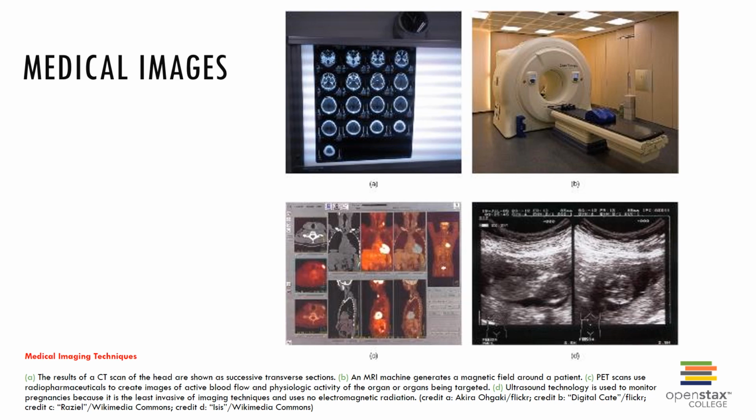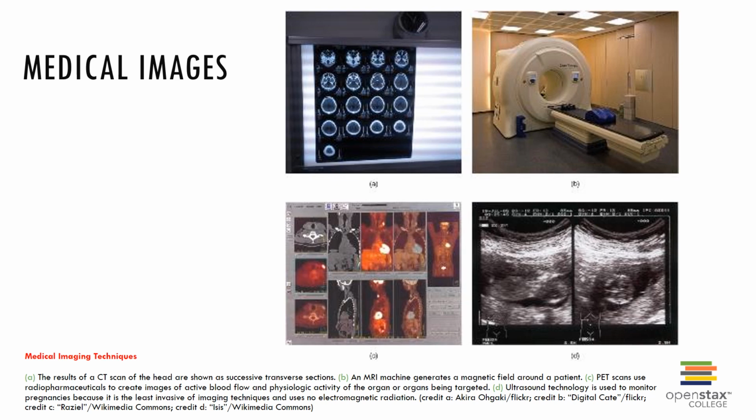Other types of medical imaging are shown here. So a CT scan in this top portion here shows different areas of the head, and these are transverse sections. An MRI machine uses a magnetic field.